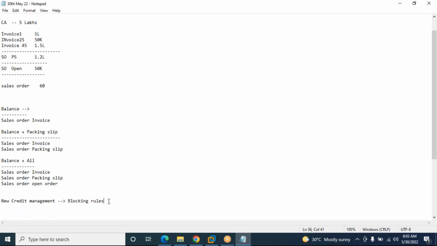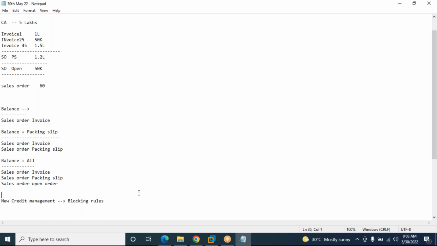But this will be useful for monopolistic business. For monopolistic business, I can have several conditions: pay me within this time, pay the pending invoice. I can apply these conditions for monopolistic kinds of businesses. We'll discuss once again tomorrow in depth about this new credit management and blocking rules.